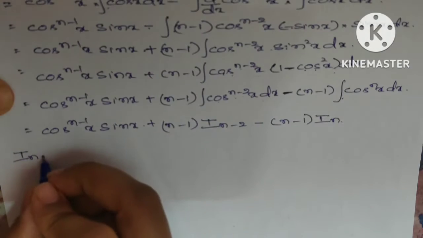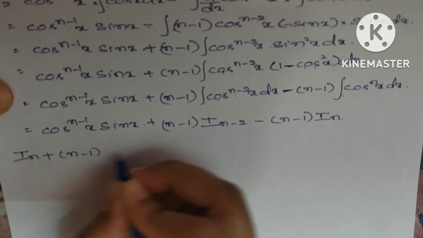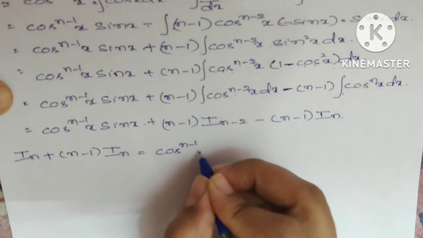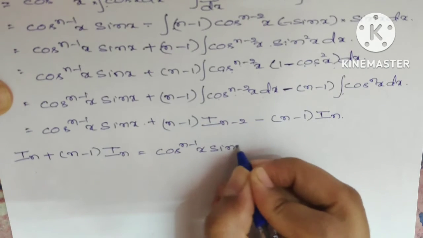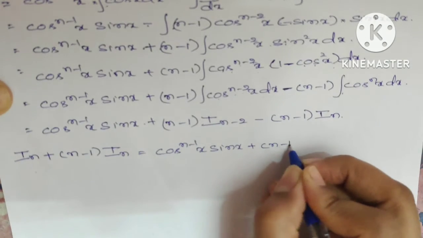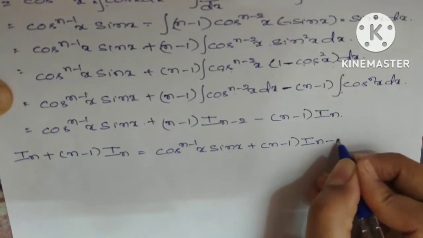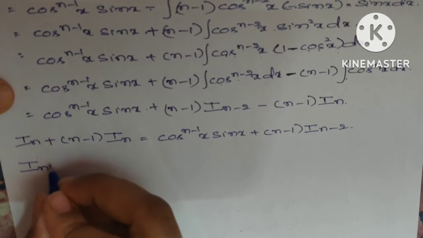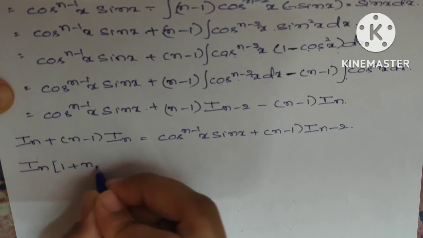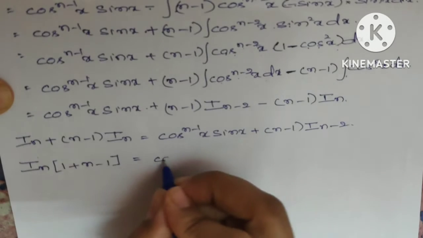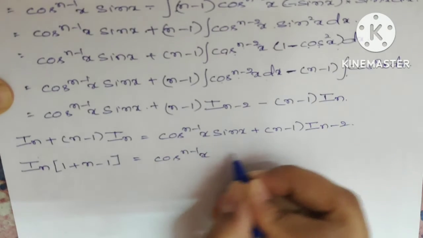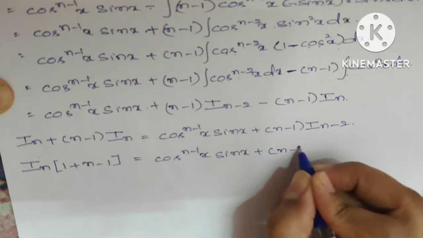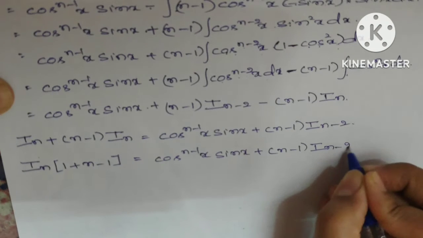In plus n minus 1 into In equals cos power n minus 1x into sin x plus n minus 1 into In minus 2. Now here I'll take In common. In into 1 plus n minus 1 equals cos power n minus 1x into sin x plus n minus 1 into In minus 2.